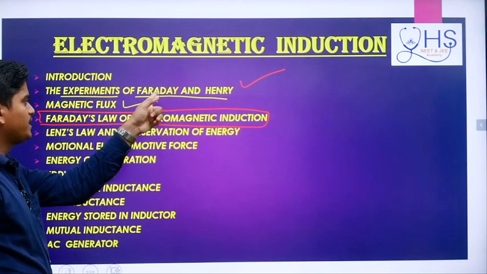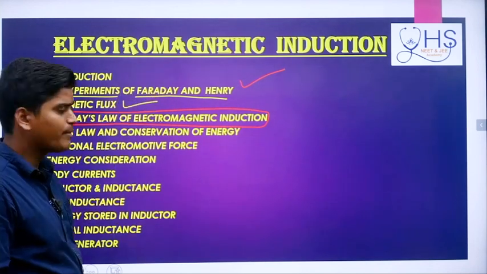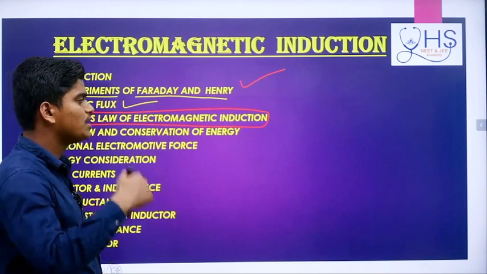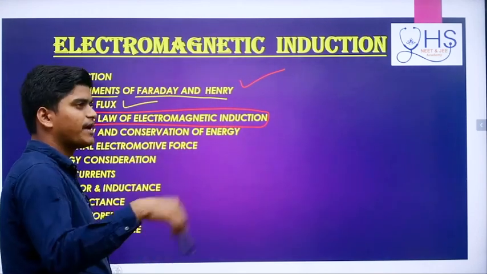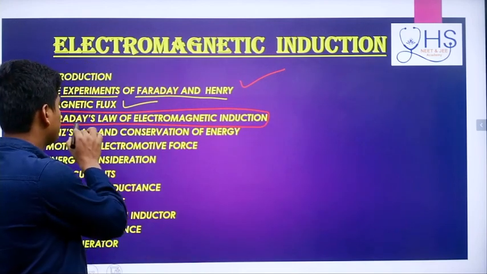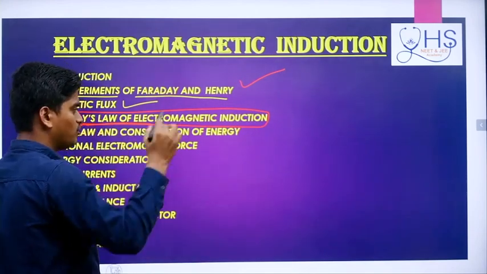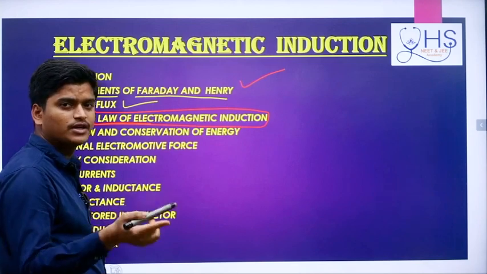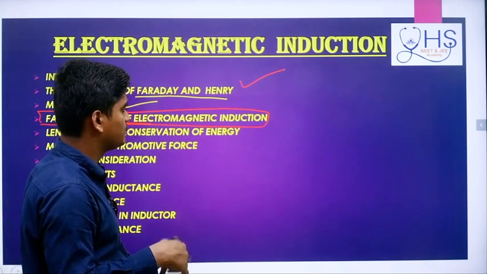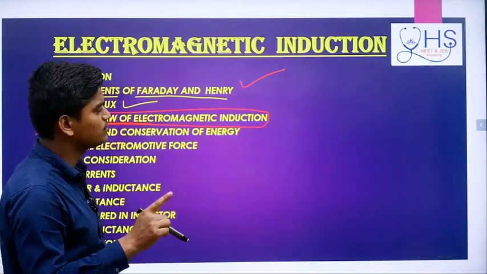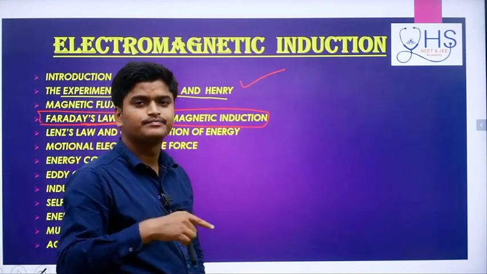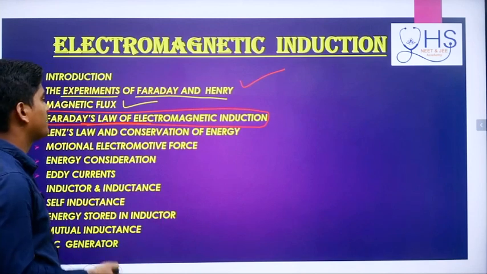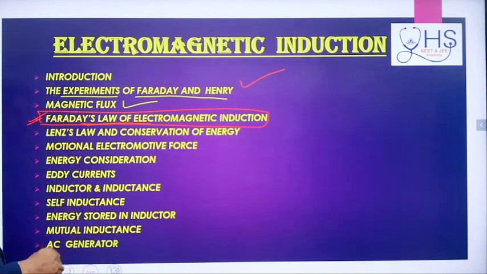Do you remember in Faraday's experiment when I was explaining, many times I used the words change in magnetic flux, or change in magnetic field. This is what it is basically telling. The law says that the induced EMF, if current is there, definitely some potential difference will be there, is equal to the rate of change of magnetic flux. This is what we will see here.